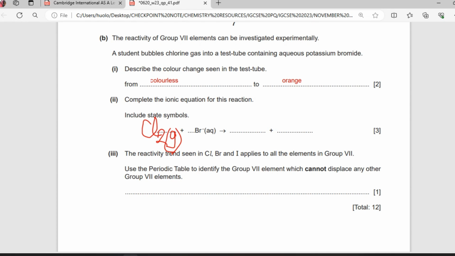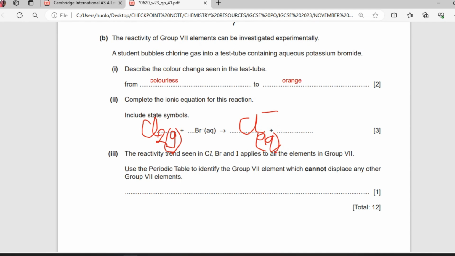Okay, so potassium bromide is being displaced, so you are going to have the chloride ion because you have potassium chloride that is being formed. The chloride ion is aqueous, okay, because it's going to dissolve in water as potassium chloride.